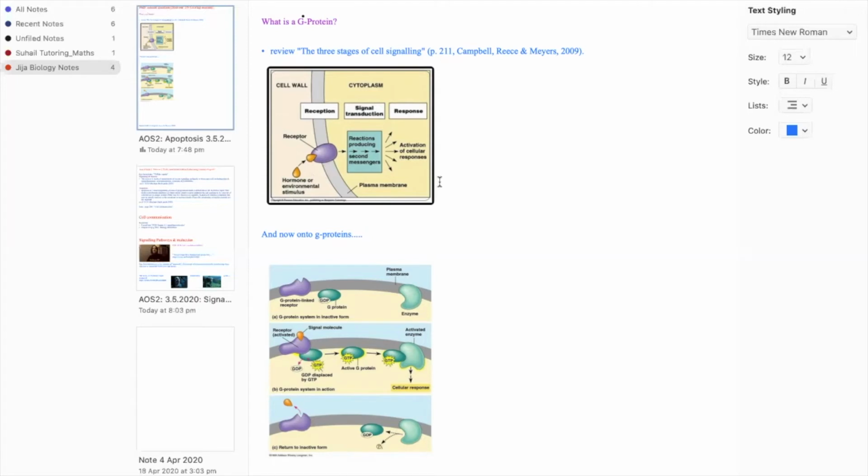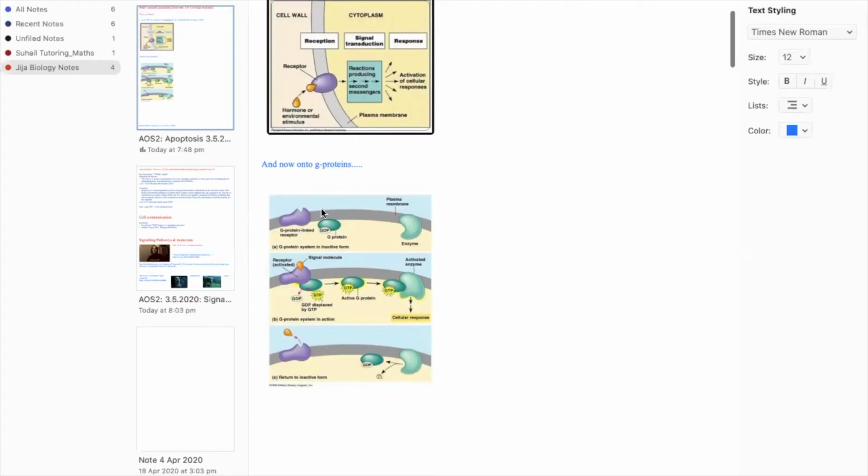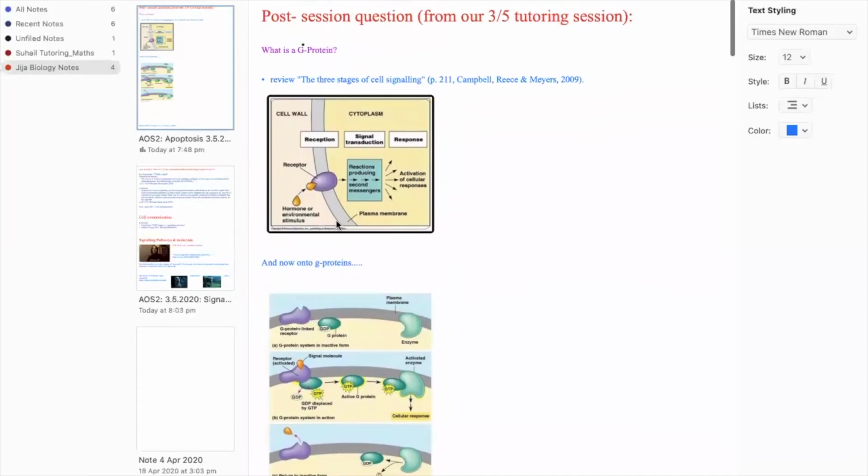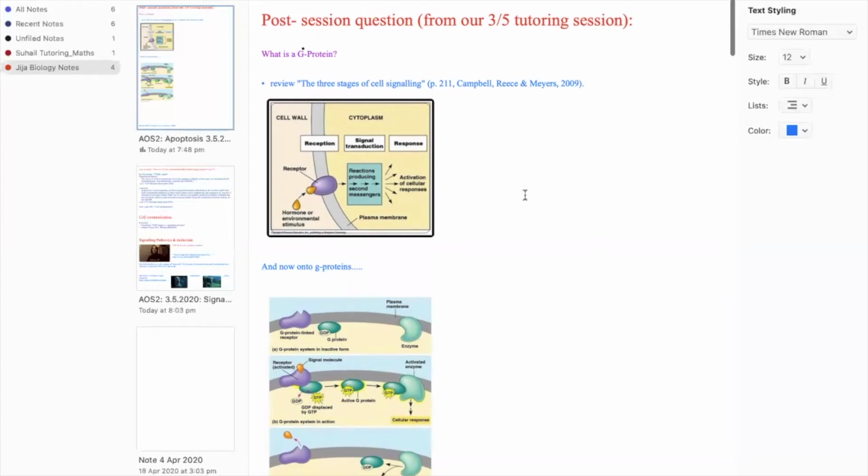Okay, so we don't need to necessarily explore in detail how the mechanisms work in relation to a G protein. We just have to understand that it is a type of plasma membrane protein that enables a water-soluble signaling molecule to bind to the specific receptor and then initiate signal transductions, which will then lead to a response.